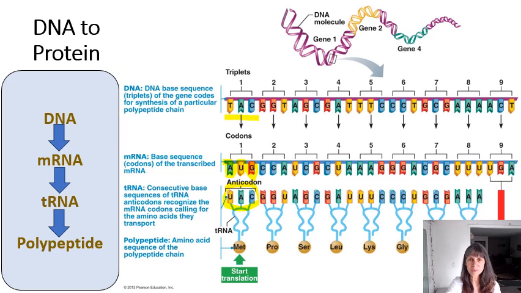Well, the triplet in the DNA template strand, since we don't have thymine in RNA, the thymine is going to be replaced by uracil in the transfer RNA. But notice the other 2 nitrogenous base pairs in that first triplet are exactly the same.